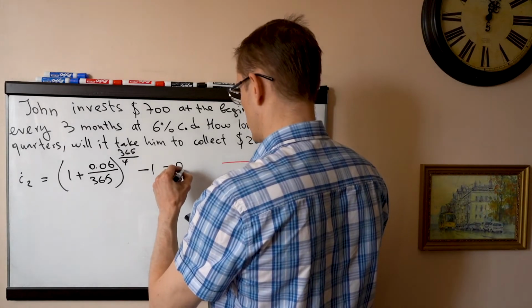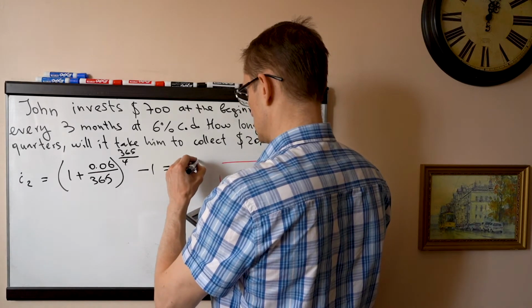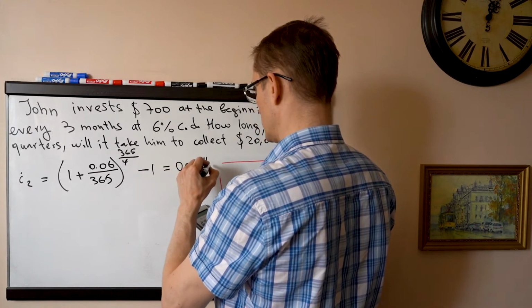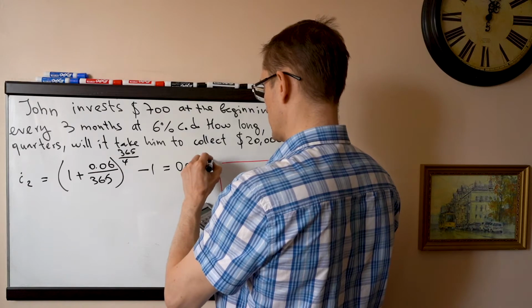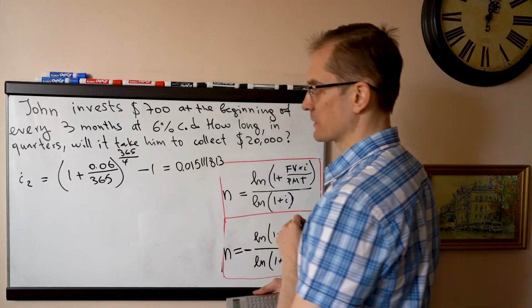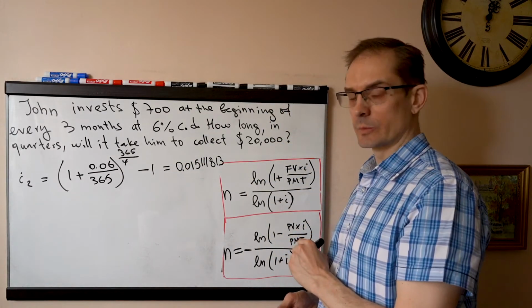So it will be 0.015111813. That's our converted periodic rate.